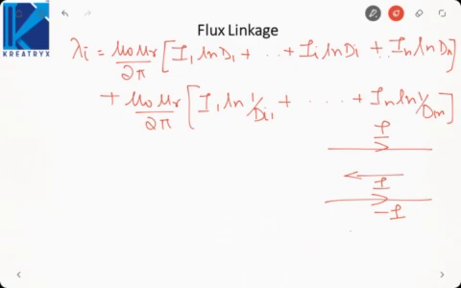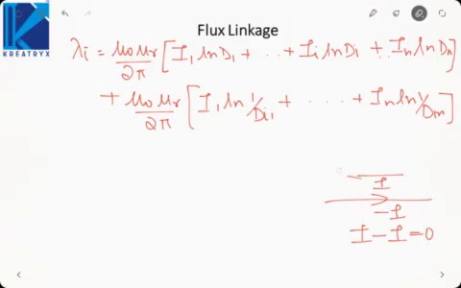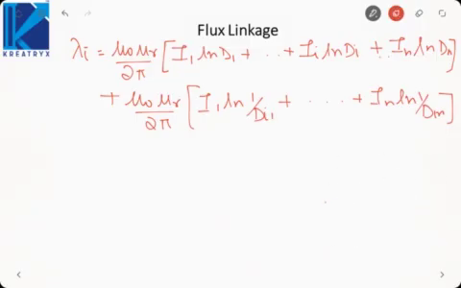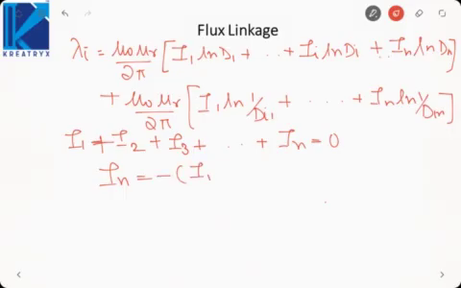So their total current should be 0. Similarly here, if we have n conductors, the total current should be 0. From here I can write In as minus (I1 plus I2 up to In minus 1).